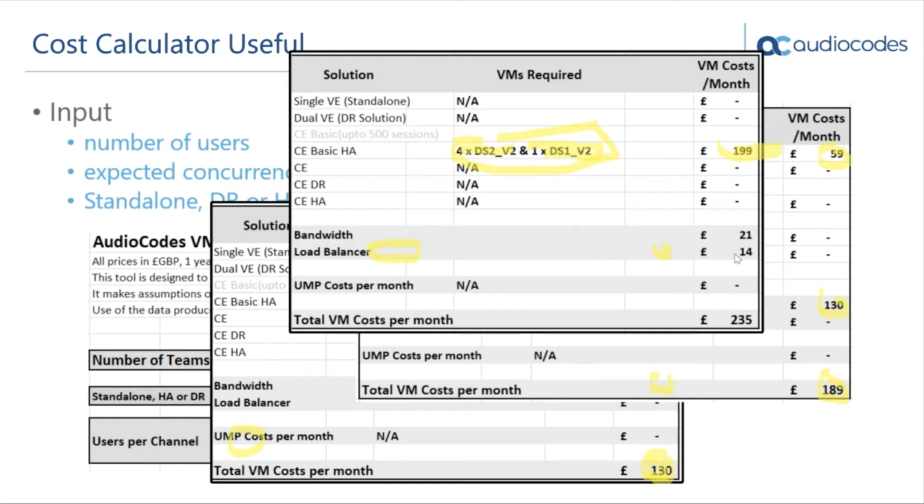We then need to use the load balancer in Azure as well, which is a service, and so the total cost then gets to £235. So this is a solution for HA in Azure. That's compared directly with this solution down here, which is not HA, it's just a standalone SBC. So you're paying about an extra £100 a month to get HA in Azure. You're going from that price to that price. So it's not a huge difference, but it is significant, so well worth considering.